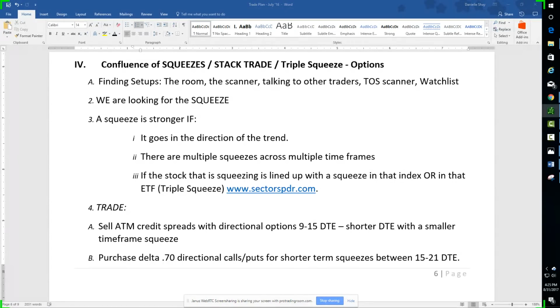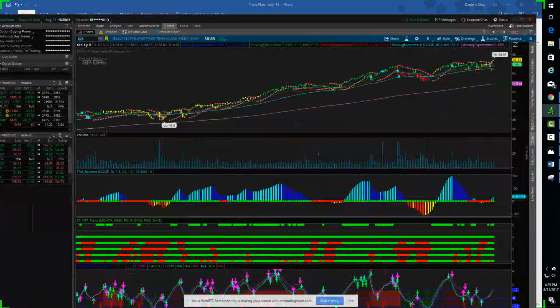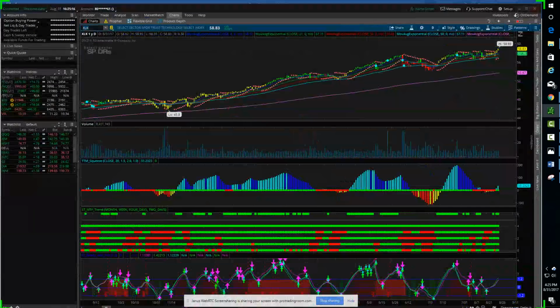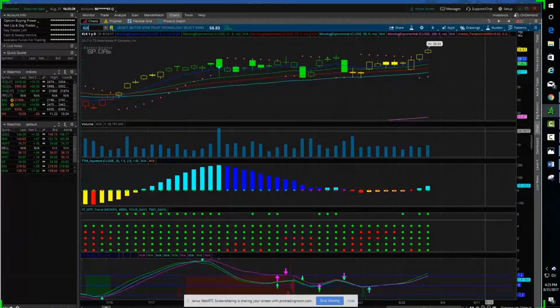Microsoft is a part of XLK, the technology sector SPDR technology ETF, right? And Microsoft and Apple make up a huge portion of this index. So when this index moves, Microsoft moves and Apple moves.